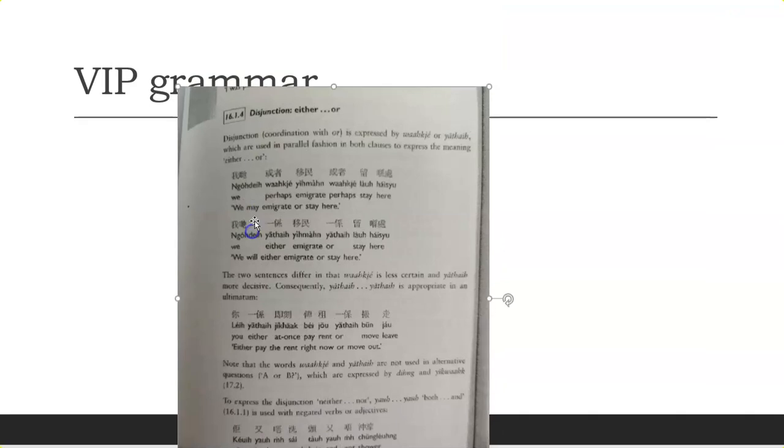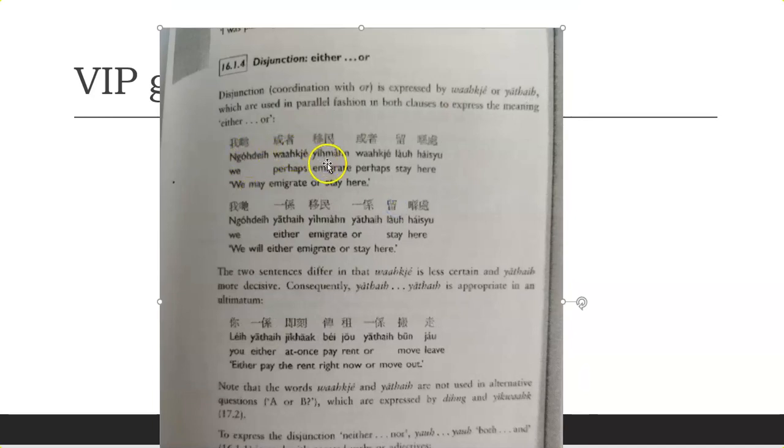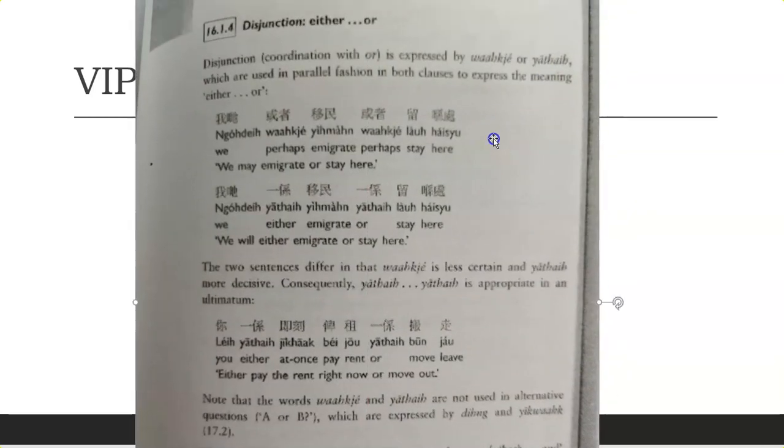See, 我哋或者移民，或者留喺度. The other one is 我哋一係移民，一係留喺度.